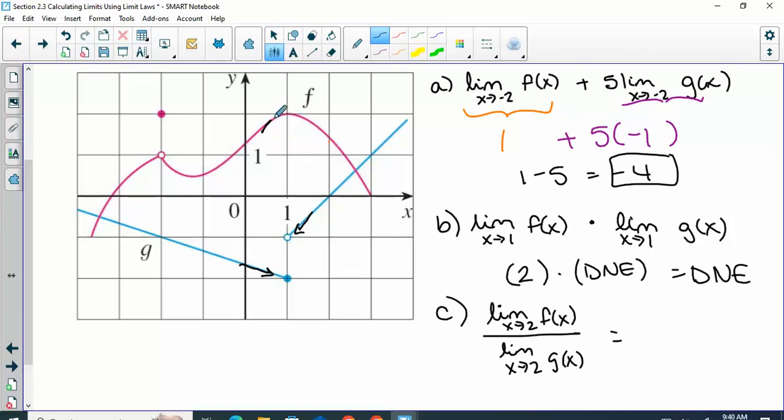As x is getting closer to 2, what's f getting closer to? 1.5, maybe just slightly under that, maybe 1.4. It's not a perfect number. We kind of have to estimate it. G, as we're approaching 2, g is getting closer to 0. Can we divide by 0? So, undefined, does not exist.